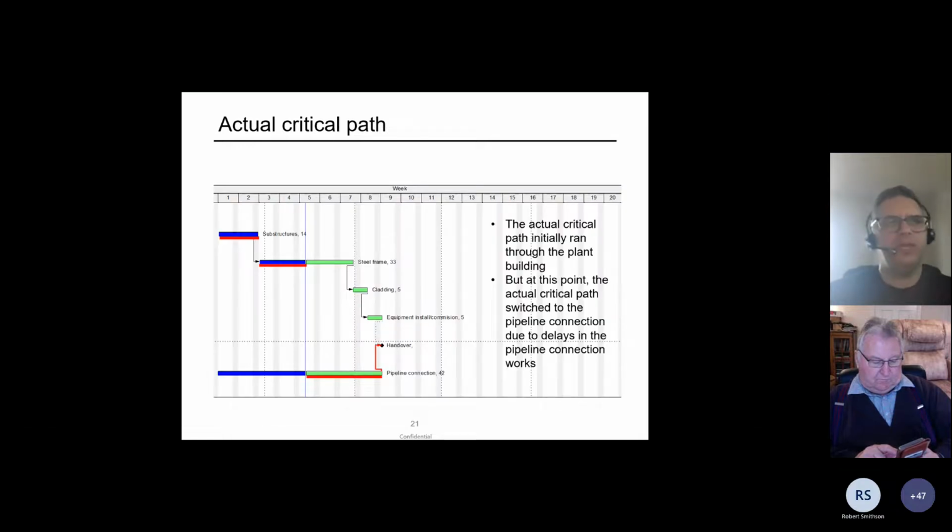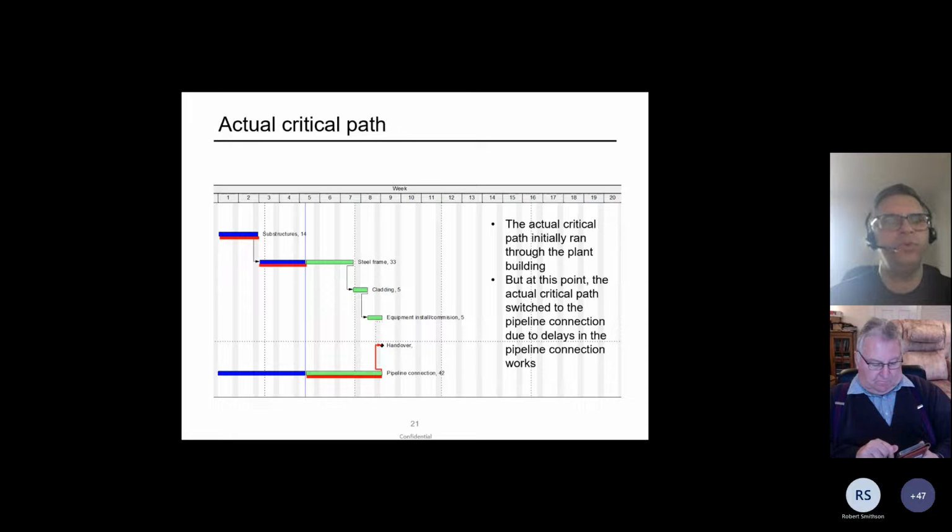So going back to our project then, we can have a look at the program in week 5, and we can see that at this point in time, we have a change in our critical path. From weeks 1 to 5, our structure has been going somewhat as planned. The critical path ran through the substructure and then the steel frame. But sometime between week 1 and 5, that two weeks of float that we had on our pipeline has been eroded.